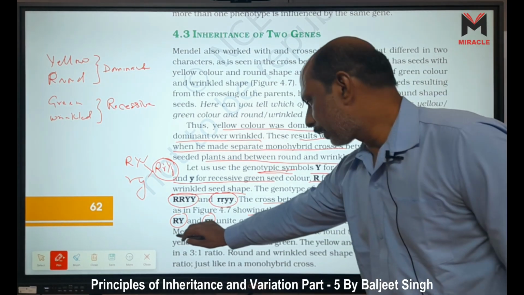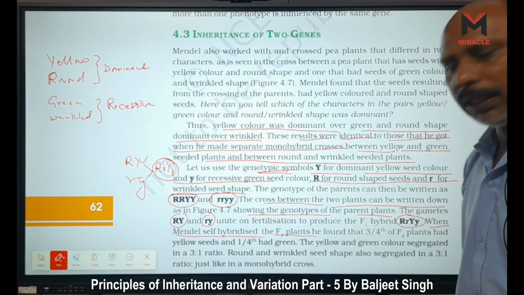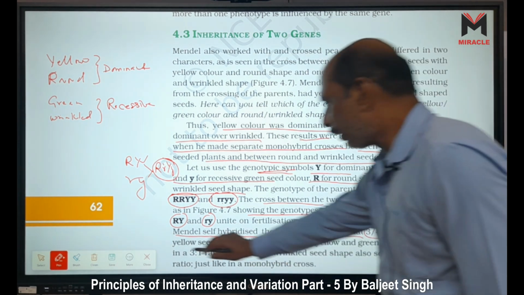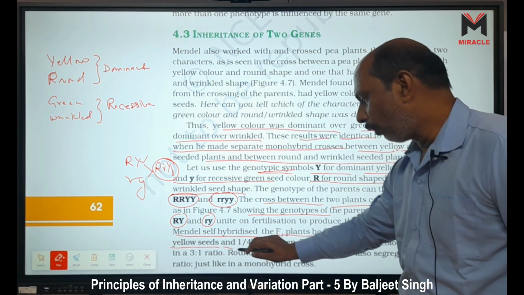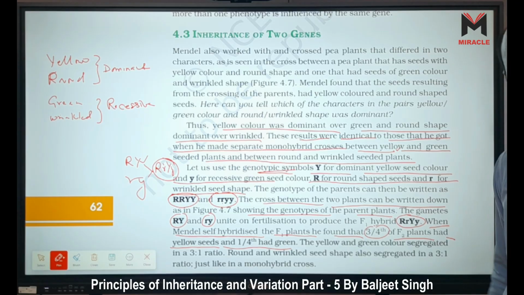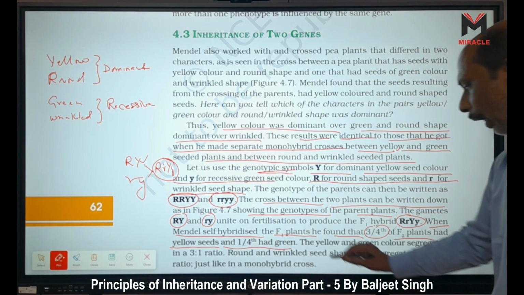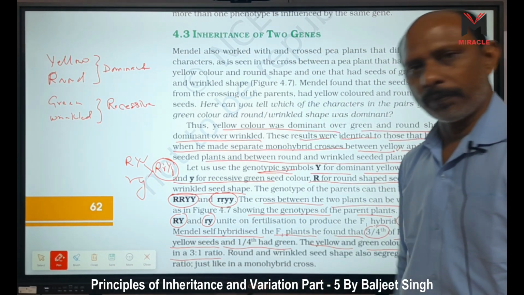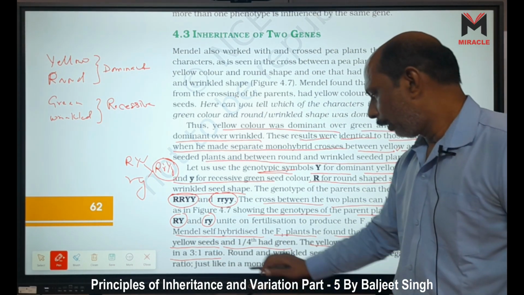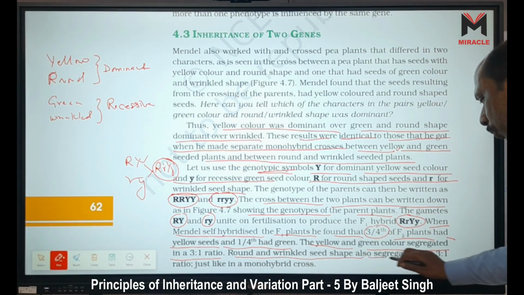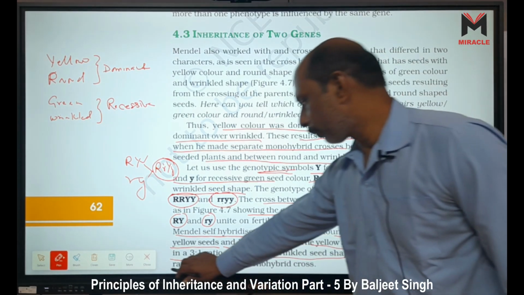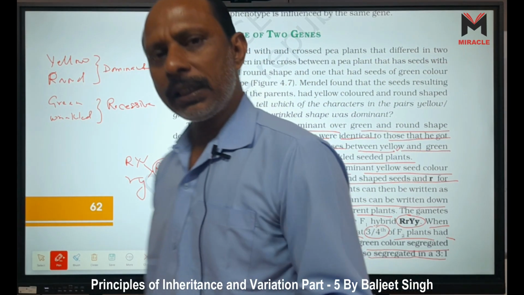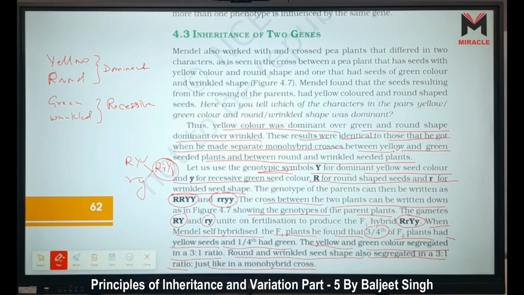When Mendel self-pollinated the F1 plants, he found that three-fourths of F2 plants have yellow seeds and one-fourth had green seeds. The yellow and green color segregates in a 3:1 ratio, right? Round and wrinkled seed shape also segregate in a 3:1 ratio, just like in a monohybrid cross. In a dihybrid cross also they segregate this way, right?